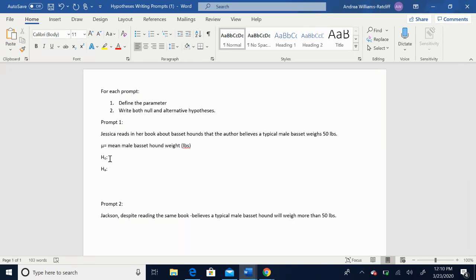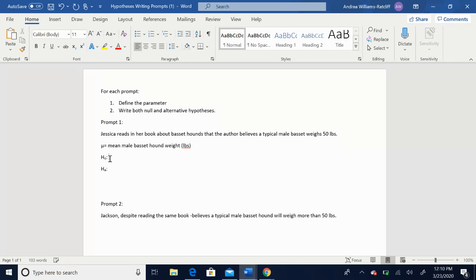When we read prompt 1, we really only see one assertion about this number: an author who believes the typical weight is 50 pounds. So what would be the only logical counterclaim? If the author is claiming they do weigh 50, the only logical counterclaim is that they don't weigh 50.